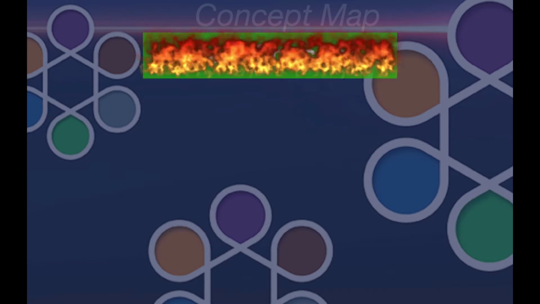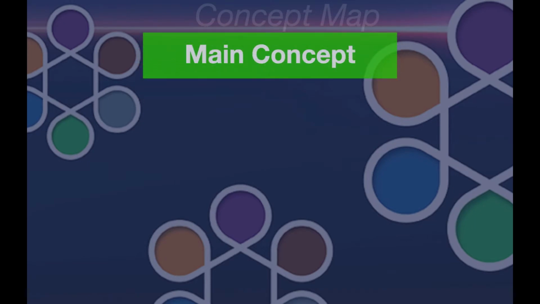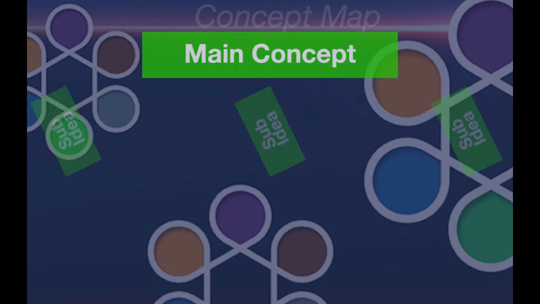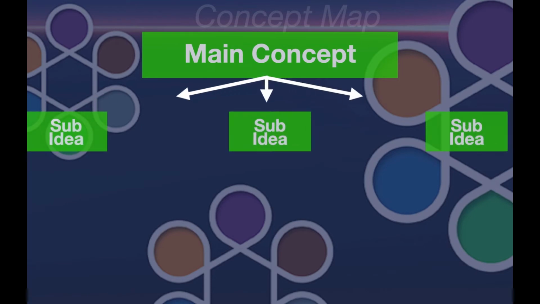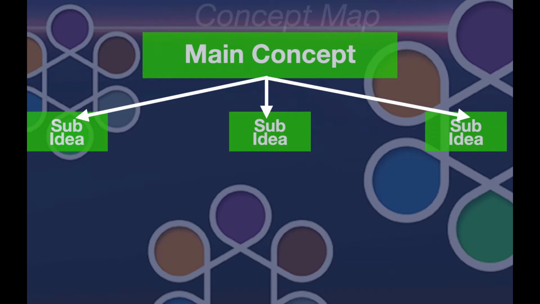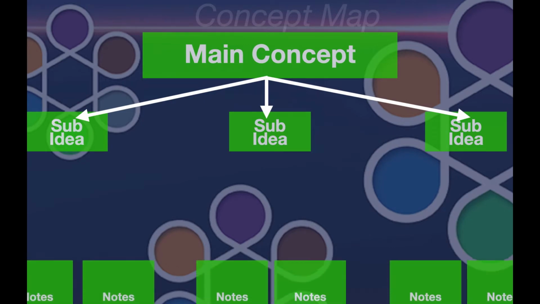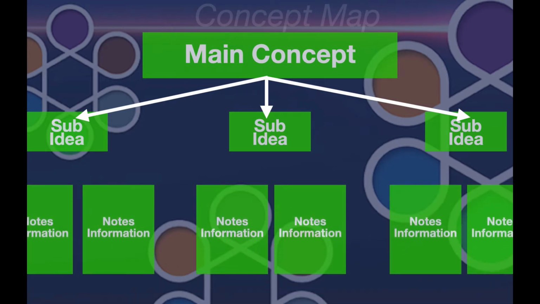A concept map shows the relationship between ideas. The main concept or idea is placed at the top, either in a box or a circle or whatever shape you like. The sub-ideas are placed below, and then the supporting information for each of those sub-ideas are placed below each of the respective boxes or circles.